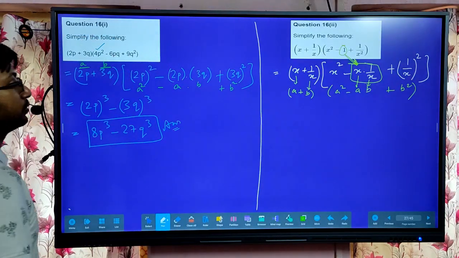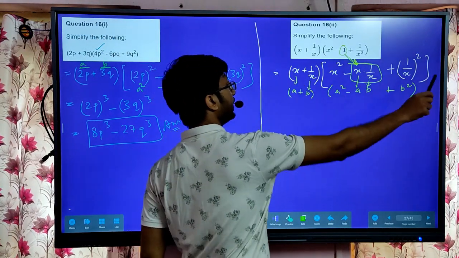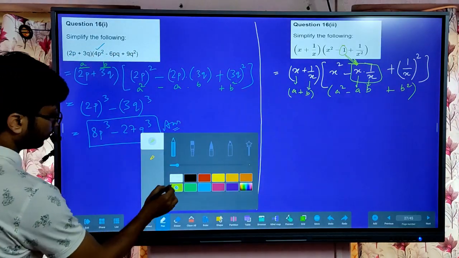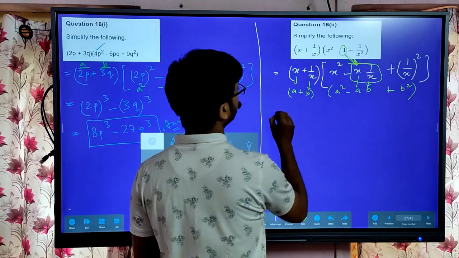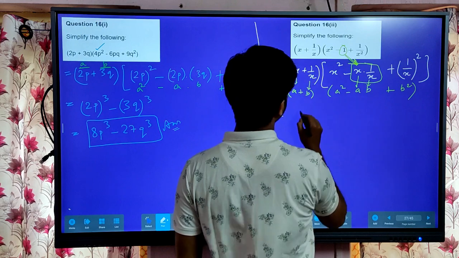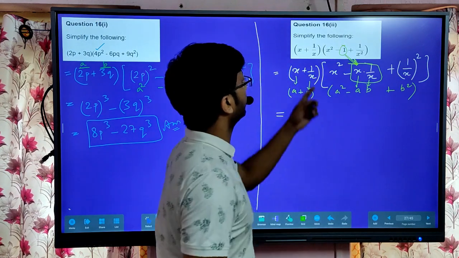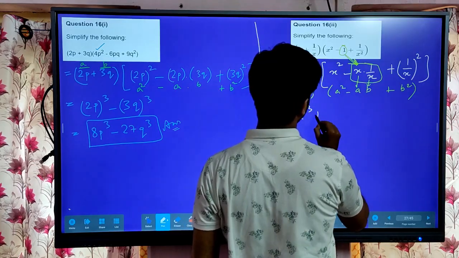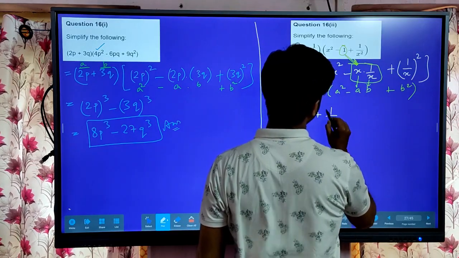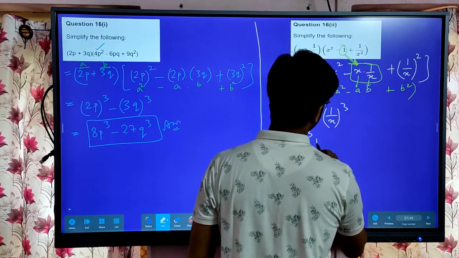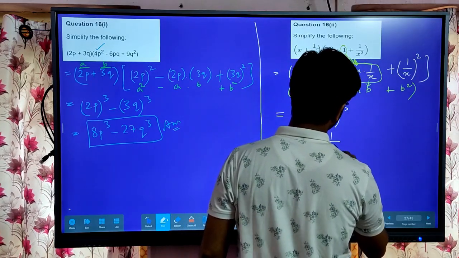Okay, so you don't write this ab, because I am writing for your explanation. You don't have to write that in the exam. So you just have to write the next step, that is, this is a cube plus b cube, because first term is plus means it will be plus. So it is x cube plus 1 by x whole cube, which will be x cube plus 1 by x cube.